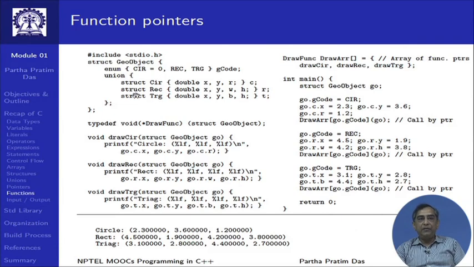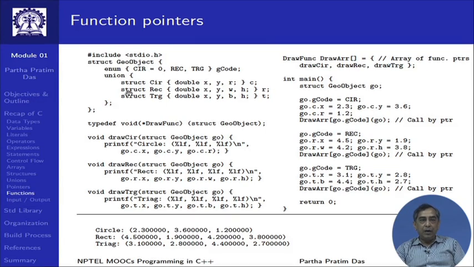So, the idea is, if you have put in this union the structure for a circle, you set G code to CIR, which is 0. If you have put in this union the structure for a rectangle, then you put G code as REC and so on. So, this is a typical use.